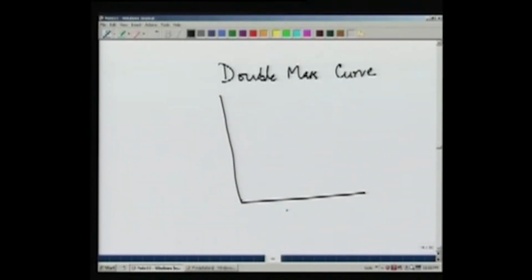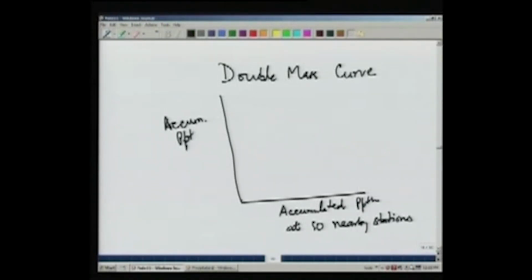So we plot a double mass curve, which is accumulated precipitation at, let's say, 5 or 10 nearby stations versus the precipitation at the station where we want to find out whether the data is consistent or not.